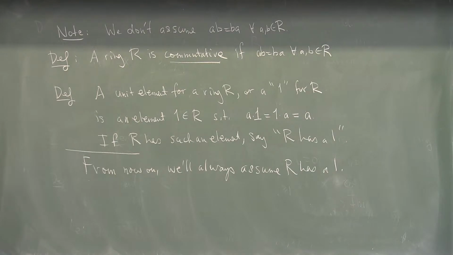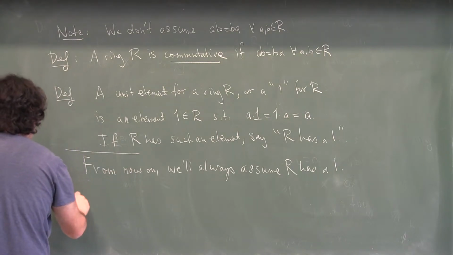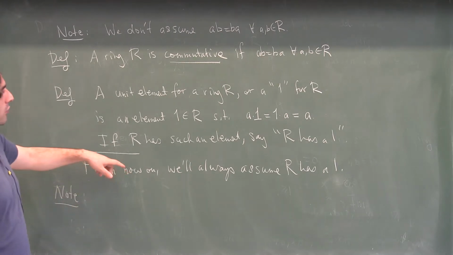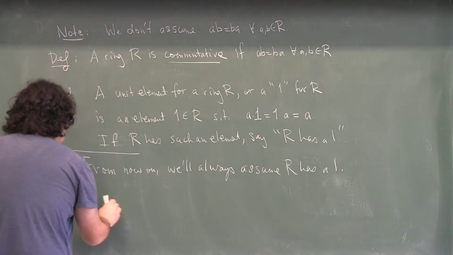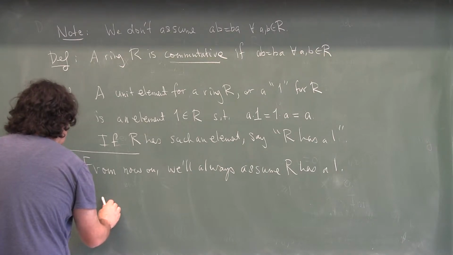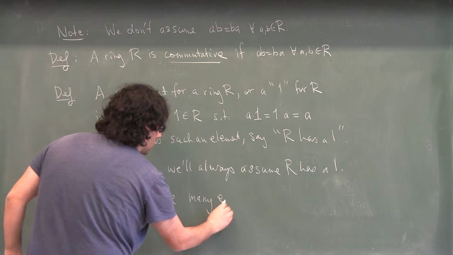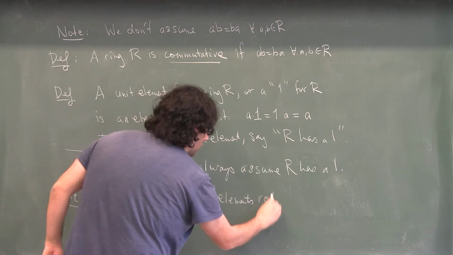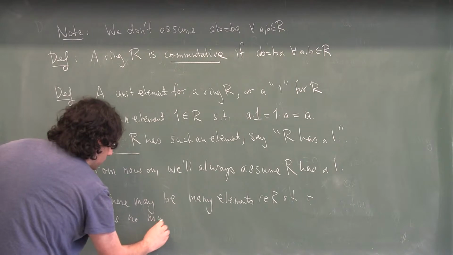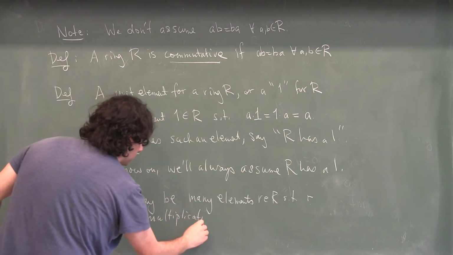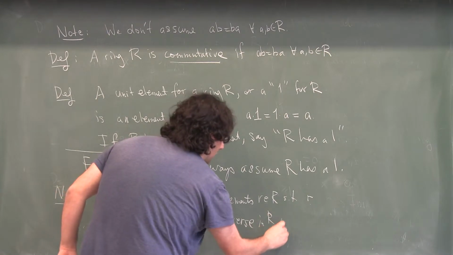All right. But note that even assuming that R has a 1, still elements of R may or may not have a multiplicative inverse in R. So there may be many elements r in R such that r has no multiplicative inverse in R. What do I mean by this?